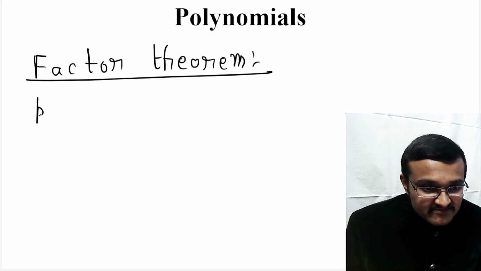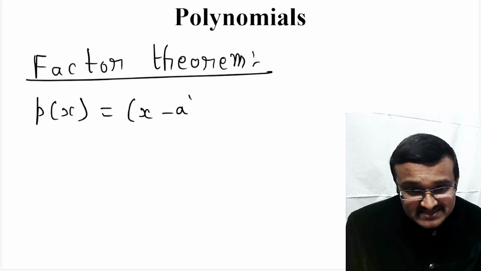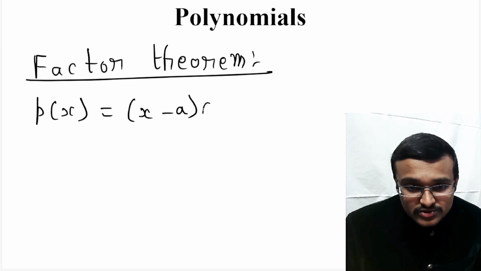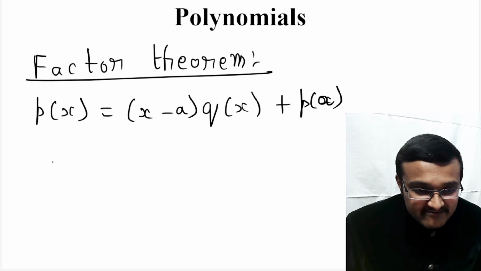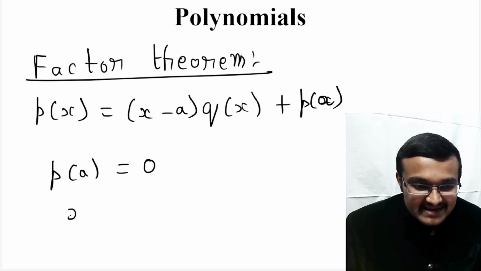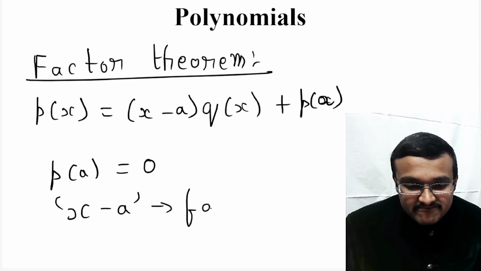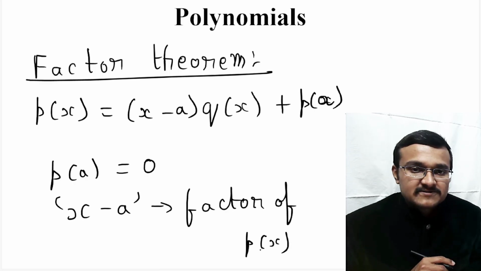So that means here we had this equation p of x is equal to x minus a into q of x plus p of a. So here whenever p of a is equal to 0, then x minus a becomes the factor of p of x.